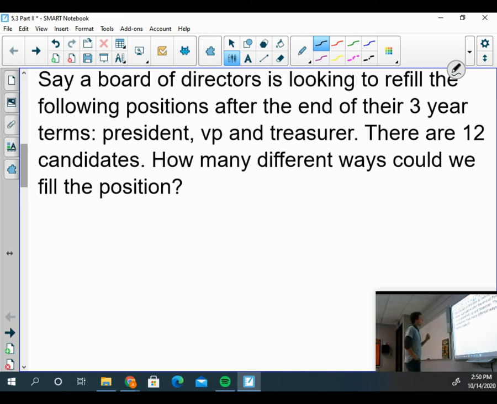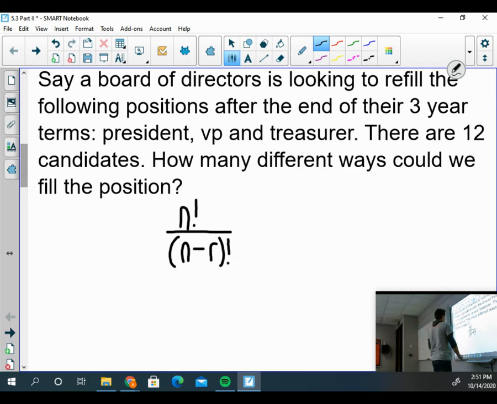So what I'm going to do here is use the permutations formula. When we determine that we want to arrange things, or figure out how many different options there are, and we've identified that order matters because we care about the best person being in the best position, then we use our permutations formula: n factorial over n minus r factorial.